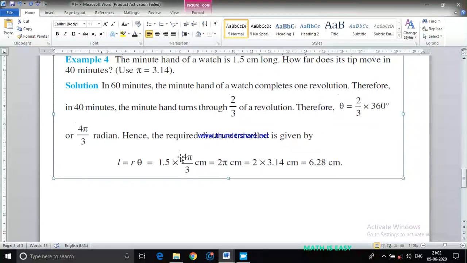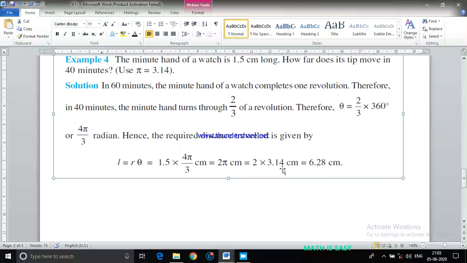That 2 will get cancelled in 4 pi, giving 2 pi. So the final answer comes to be 2 pi, and pi value is 3.14. So 2 into 3.14 is 6.28 centimeters. So the total distance it travels in 40 minutes is 6.28 centimeters.